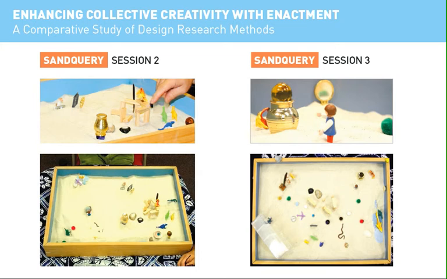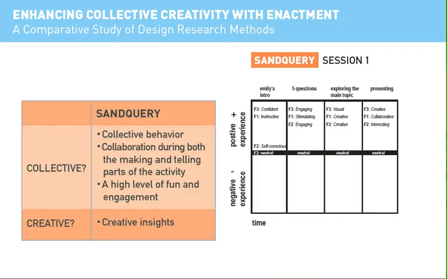The dangers are put away and sort of compartmentalized for safety. There's lots of danger, but there's a way out of the danger. There's a way through it. So Sandquery is way more collective than the 2 previous methods, and here's how they felt about their experiences.